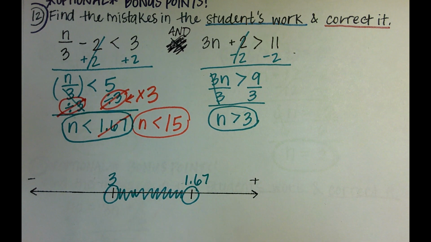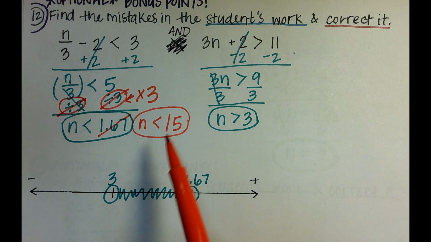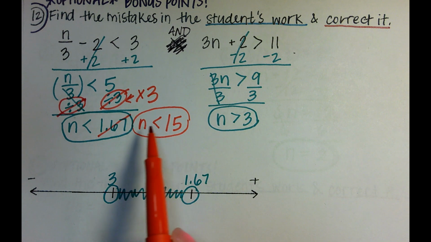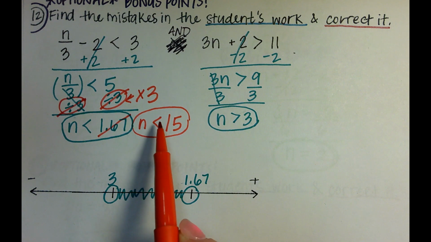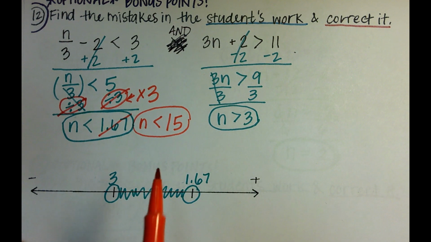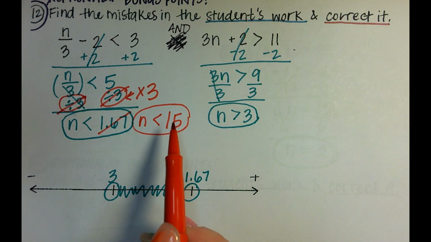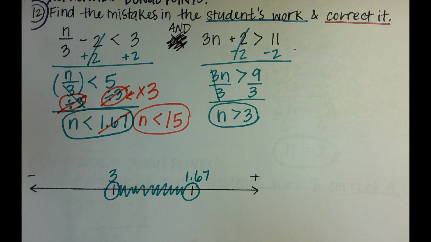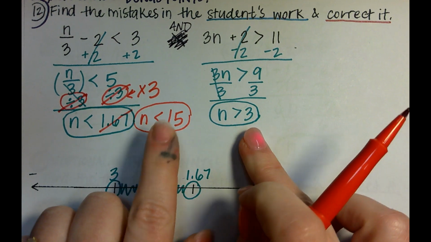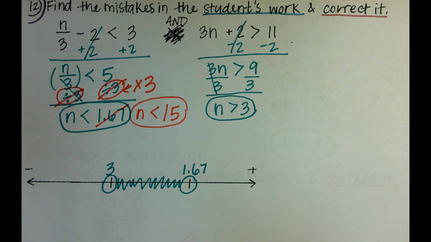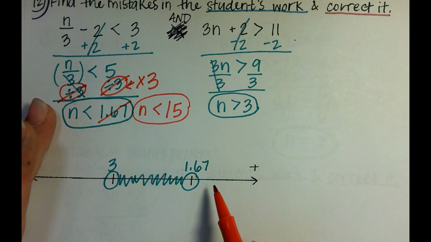Does it come first? No, 15, because it's still less than, isn't it? So n is less than 15, meaning n can be any number smaller than 15. 15 is just the point on the number line that we're referencing. So we're thinking about which number comes first on the number line, 3 or 15? 3. So 3 is actually in the right spot, but what needs to change?